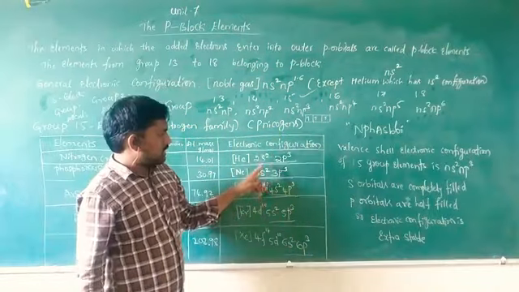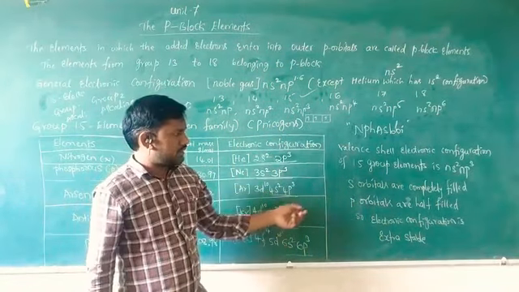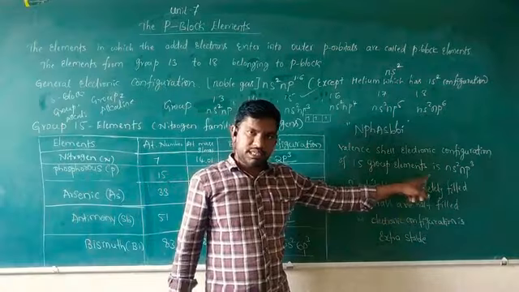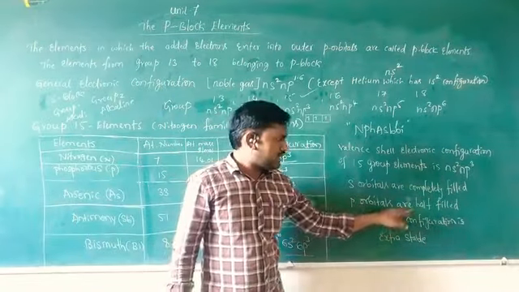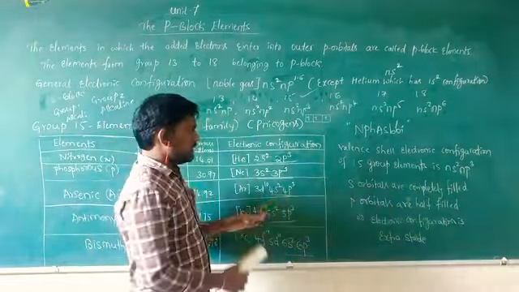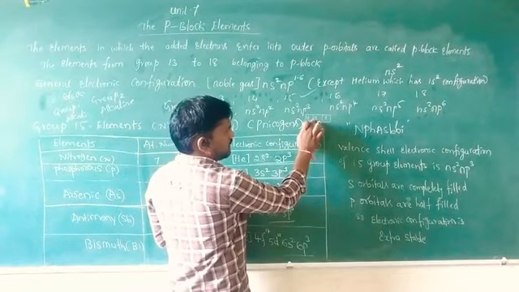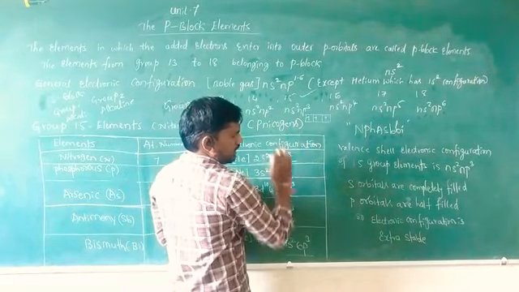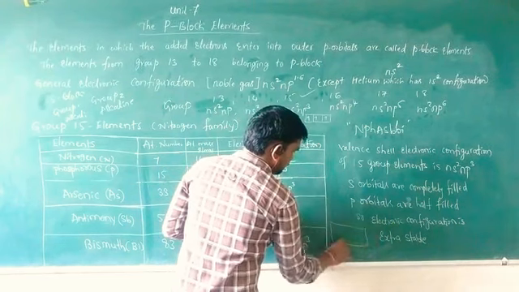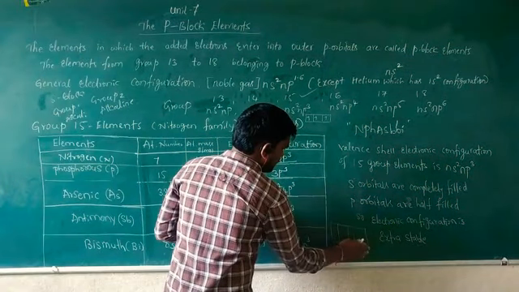This indicates that the s orbitals are completely filled and the p orbitals are half filled. Completely filled means 6 electrons, one orbital holding a maximum of 2 electrons. Half filled means every orbital is singly occupied: 1, 2, 3.